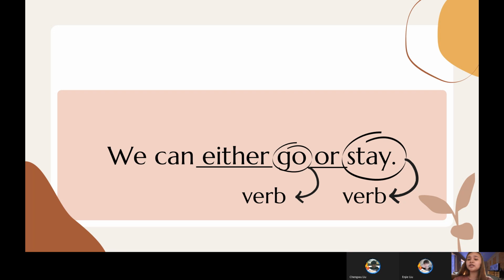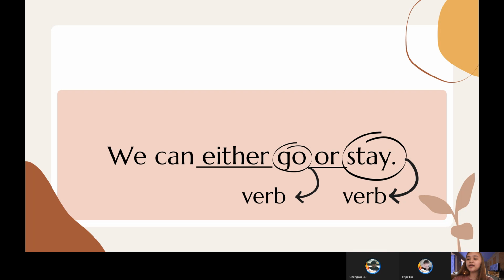Either as a conjunction is used to emphasize and compare the two options that we have. The options should be of the same function. We should choose between noun and noun, adjective and adjective, okay? Is that clear? Yes, ma'am.